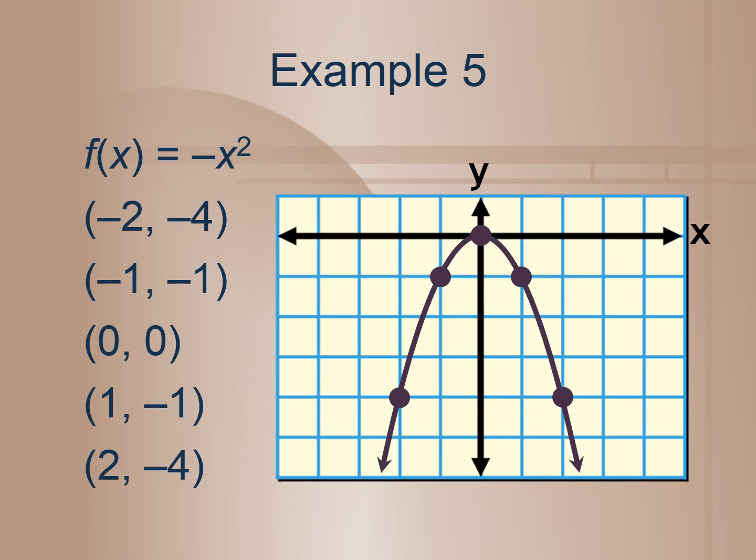And then my range, as you can see from this graph, I don't have all real numbers for my range. In fact, I have a limitation on my y. The highest y value I get to is 0. I never get any higher than 0. So my range would be y is greater than or equal to 0.